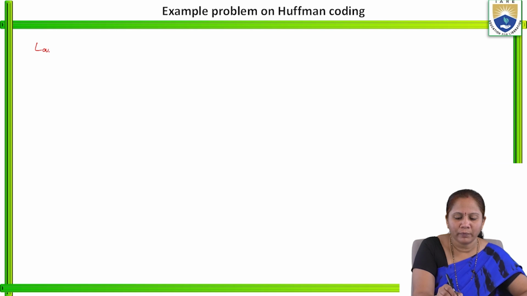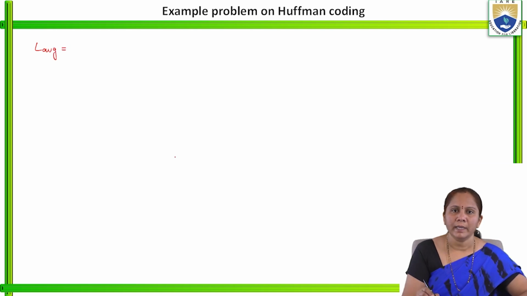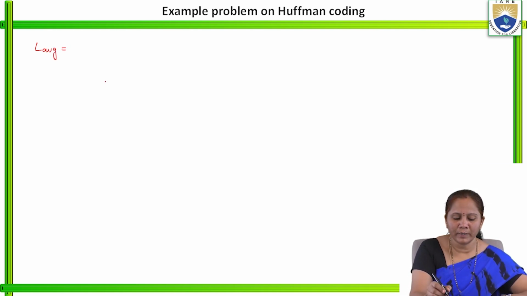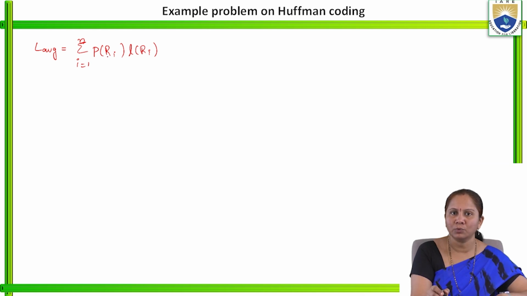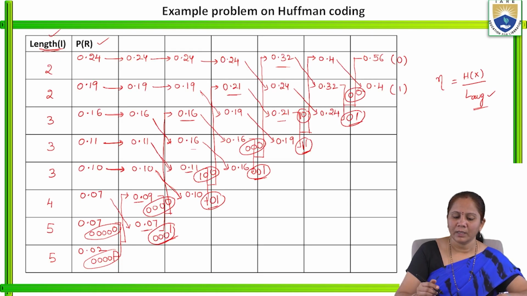Now to find L average, the formula we will use is sigma i equal to 1 to N, P of Ri into L of Ri. So P of Ri represents probability of R1, R2, R3. And here what is N? N represents the number of symbols. So if we consider here the number of probabilities, 1, 2, 3, 4, 5, 6, 7, 8 are given.